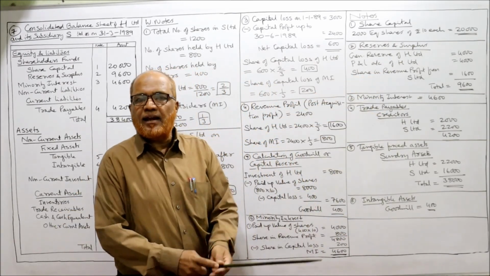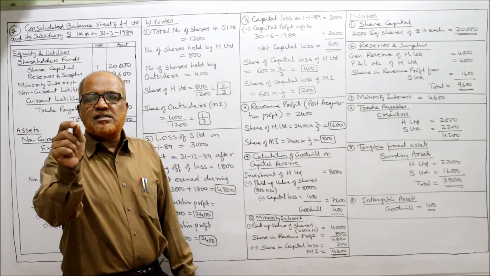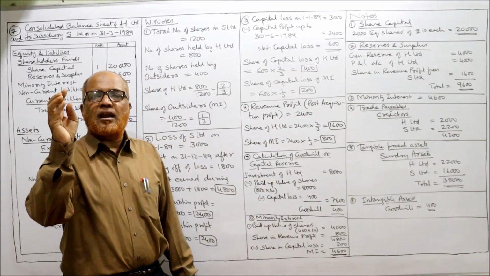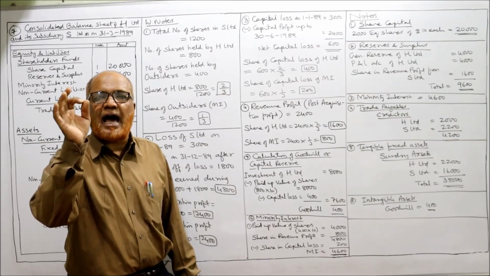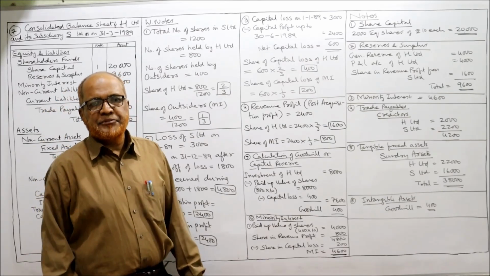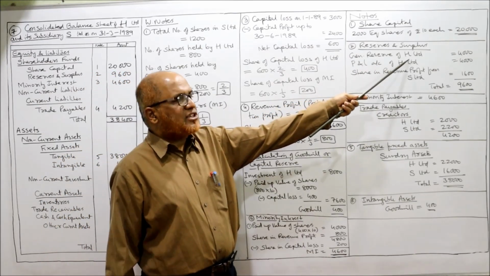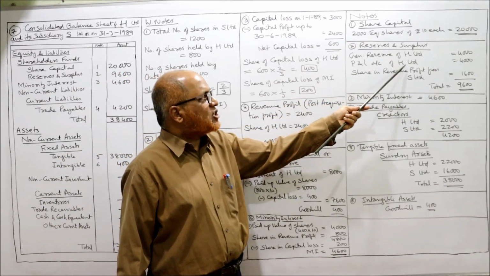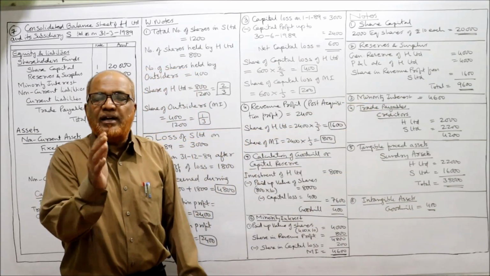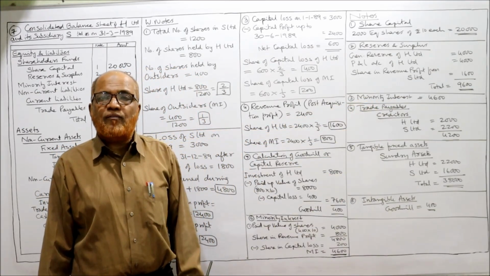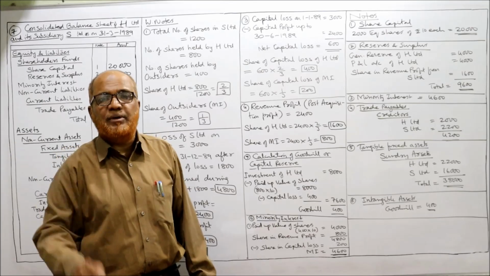That's it. Second, reserves and surplus. Under reserves and surplus, we should take the reserves and P&L account of H Limited as it is. So general reserve of H Limited and P&L account of H Limited as it is. Whatever is given in the problem, same thing we'll take. Now we'll take the revenue profit earned from S Limited.